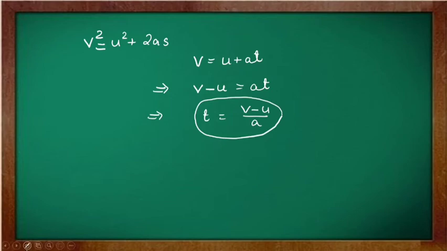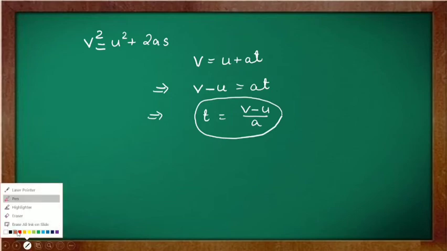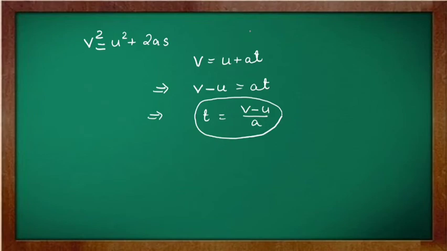Now my second equation of motion, what was my second equation of motion? My second equation of motion was s is equal to ut plus half at square. So now in place of this t I will be writing the value, v minus u by a. So let us see it.